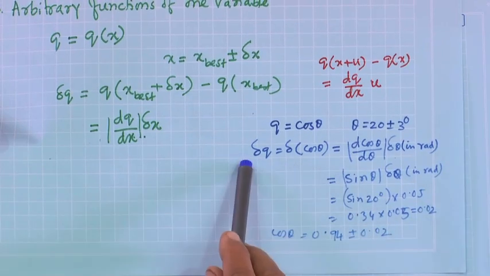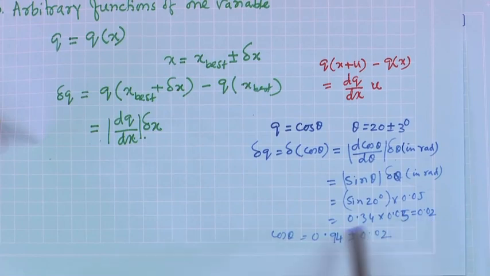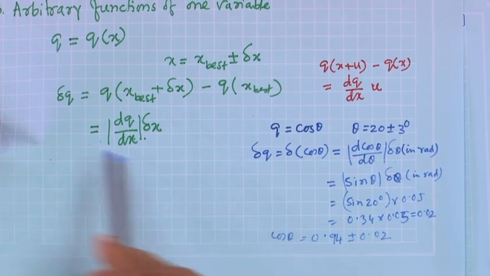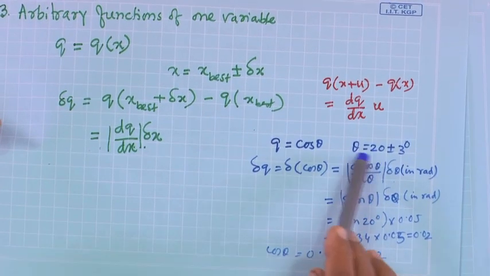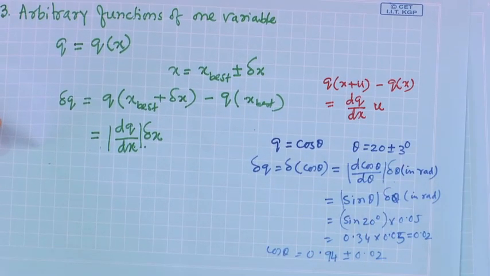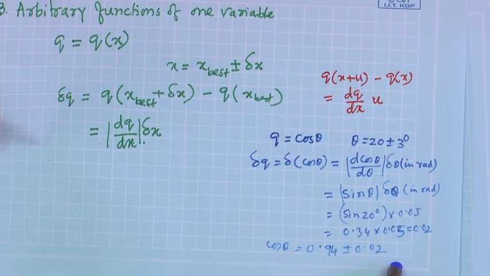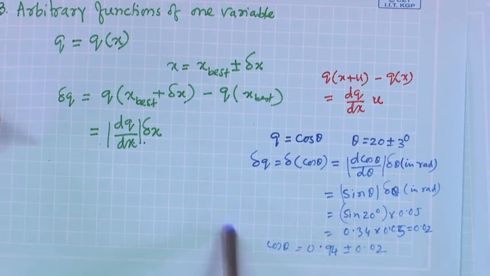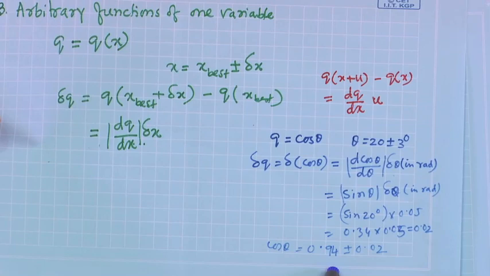So cos theta for this value gives the result 0.94 plus or minus 0.02.